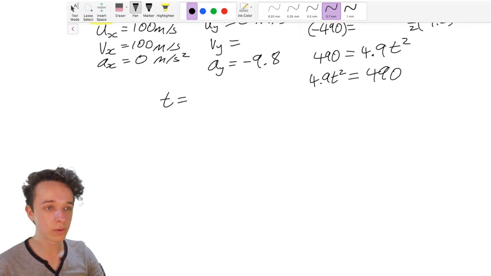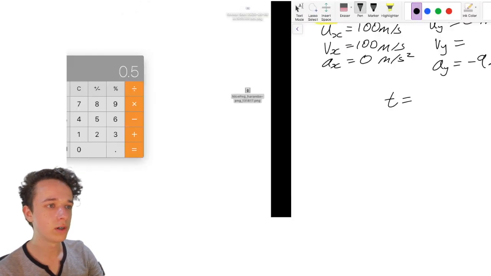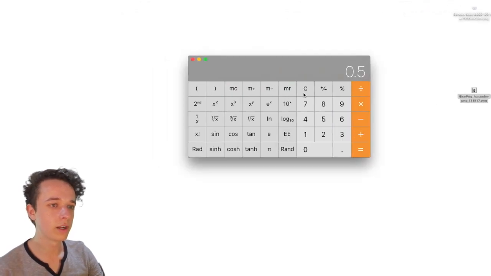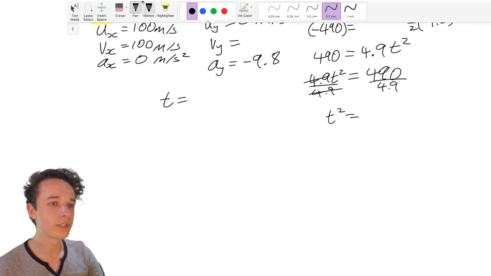And now if we want t squared on its own, we divide both sides by 4.9. This 4.9 will cancel out with this 4.9. And 490 divided by 4.9 is equal to 100. And so we have t squared equals 100.